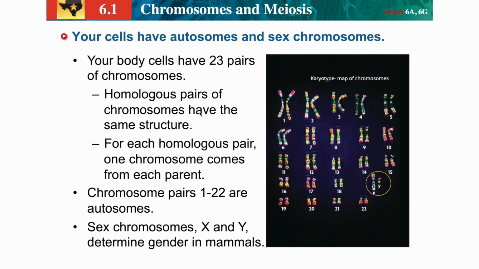Okay, so homologous. Each of these chromosomes comes from a parent. So 23 from mom, 23 from dad, and they line up and give you your traits. Now, we learned about protein synthesis last week, so don't forget all of that. The biggest part about being successful in biology is being able to take everything you've learned and tie it together.